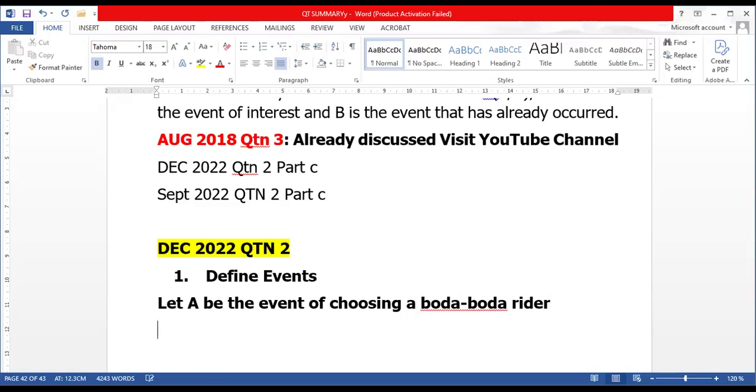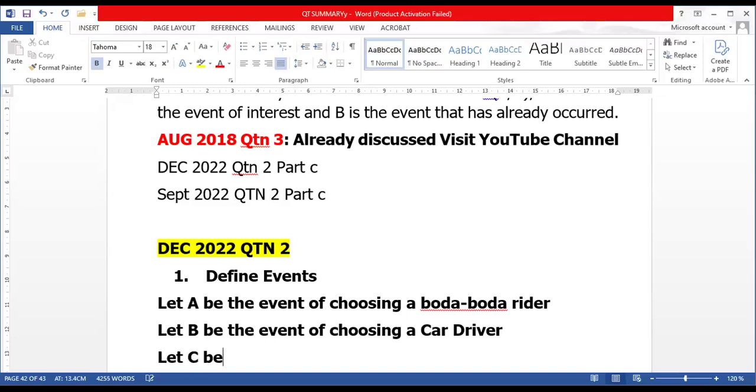So we are also going to say let B be the event of choosing a car driver. Then let C be the event of choosing a truck driver.